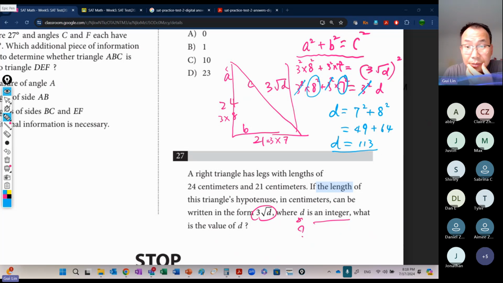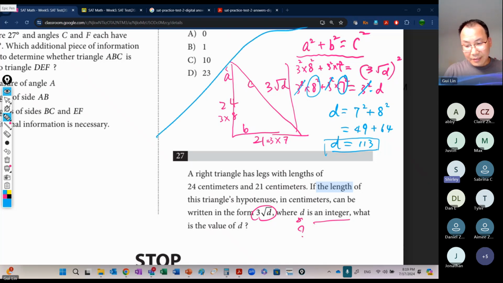Anyone have a different answer from mine? I have a question. Oh, sorry. Wait a minute, the options are... Sorry, I got confused because you wrote on the top part, and I thought those were the options.